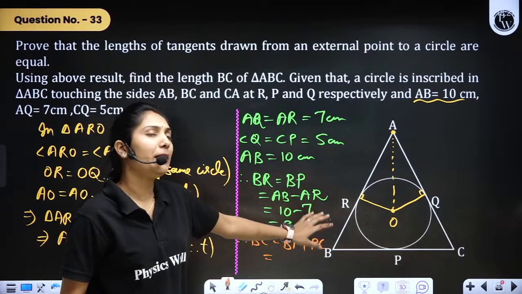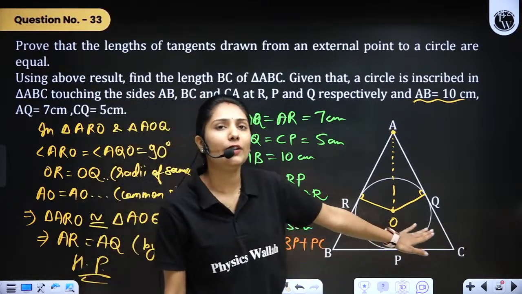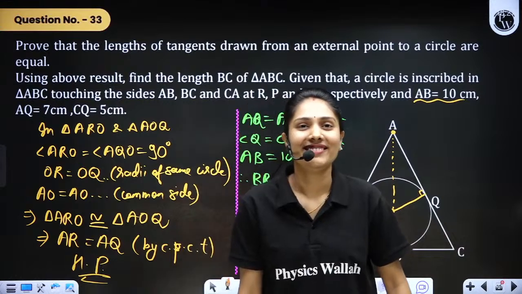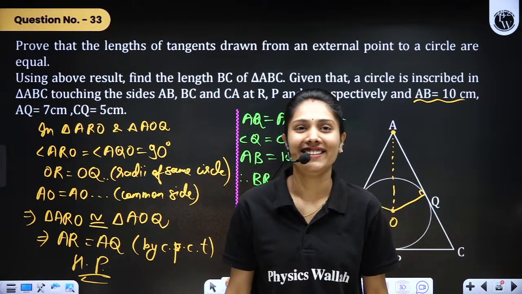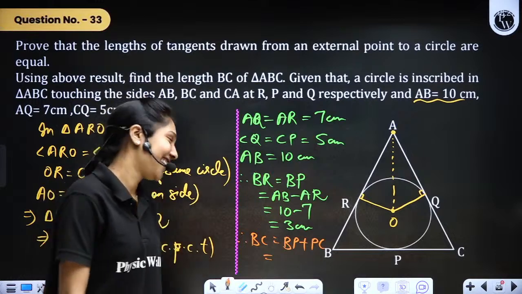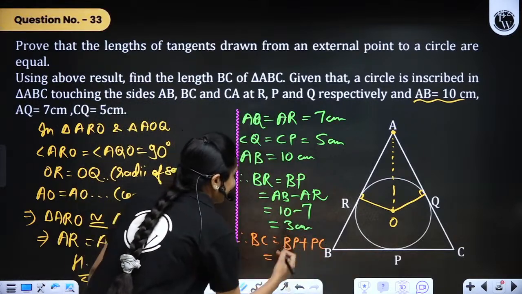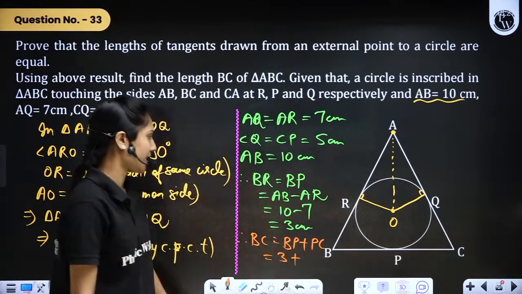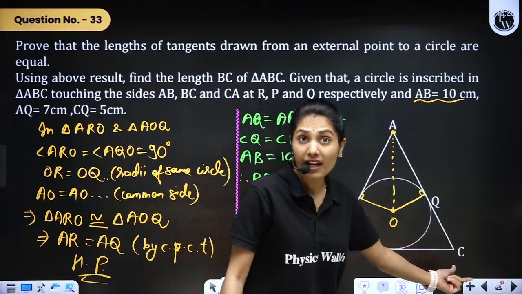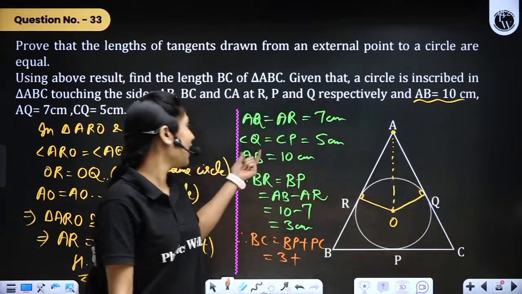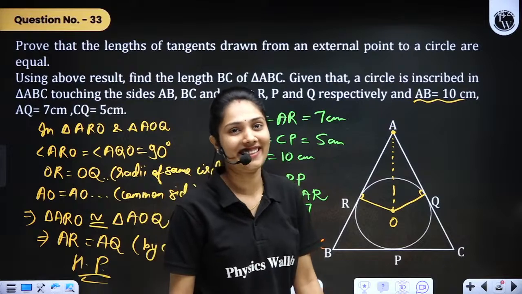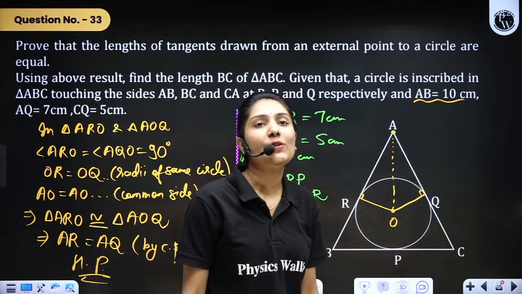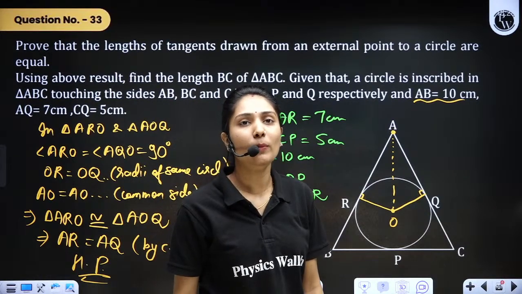What's the value of BP, beta? Exactly. It's 3 centimeter plus the value of CP that we have just found. What's the value of CP? It's 5 centimeter, right?